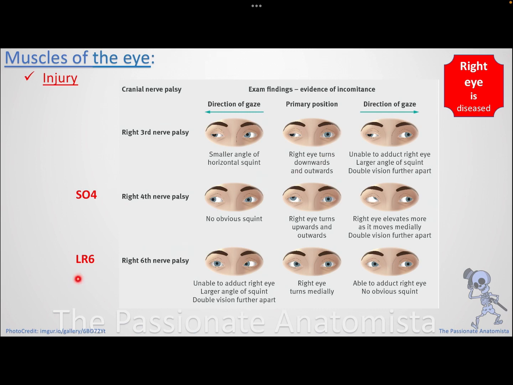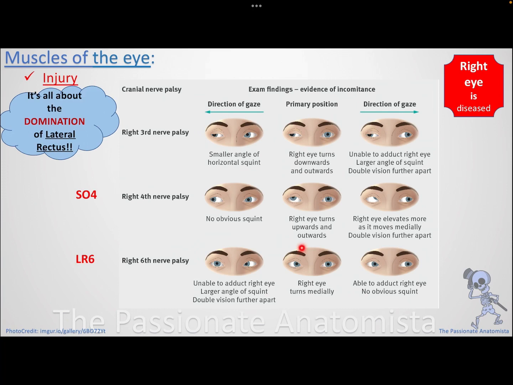But lateral rectus, when that nerve is normal, will dominate over all positions of the affected eye, which is the right eye. So in the right nerve palsy, how to remember it in the exam, it's all about the domination of the lateral rectus over all other muscles that are paralyzed.